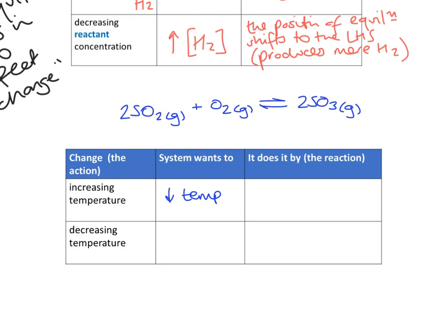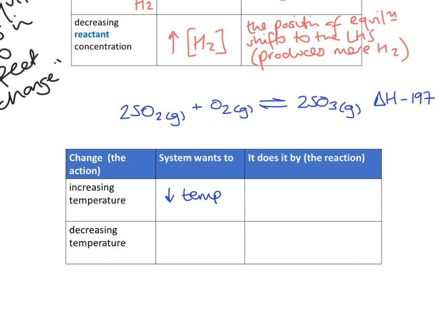Next to the reaction scheme, you'll be given a delta H, which we know is enthalpy change, or overall enthalpy change. And for this particular reaction, it is minus 197. What that's telling us is that going from reactants to products in the forward direction, it's worth minus 197.